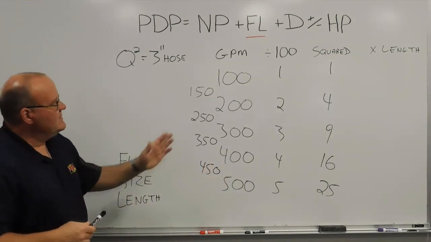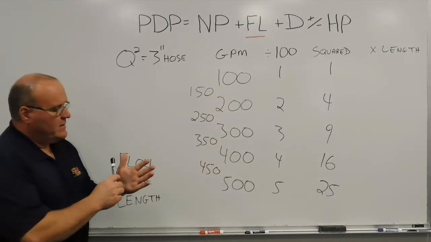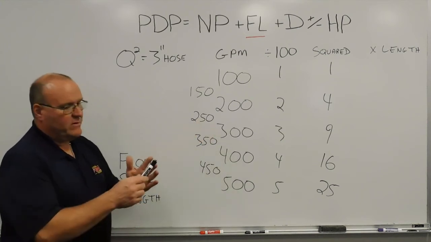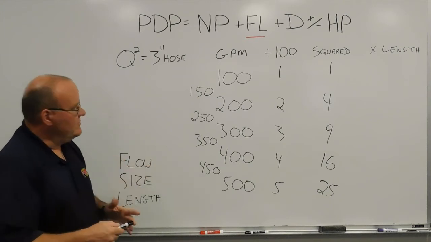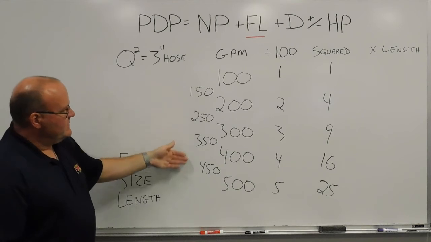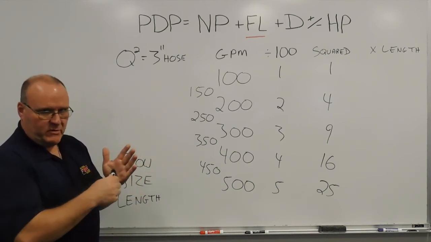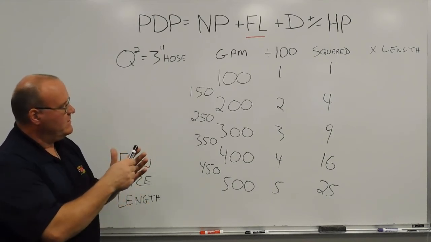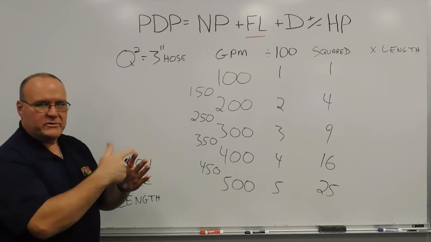With the whole numbers, 100, 200, 300, using our hand method, we came across 300 gallons a minute, and we squared 3 times 3, which gave us 9 pounds of friction loss. On the in-between numbers, instead of going from the squaring method, you find where it falls on your hand method. 150 falls between 100 and 200, and you cross multiply those two fingers.